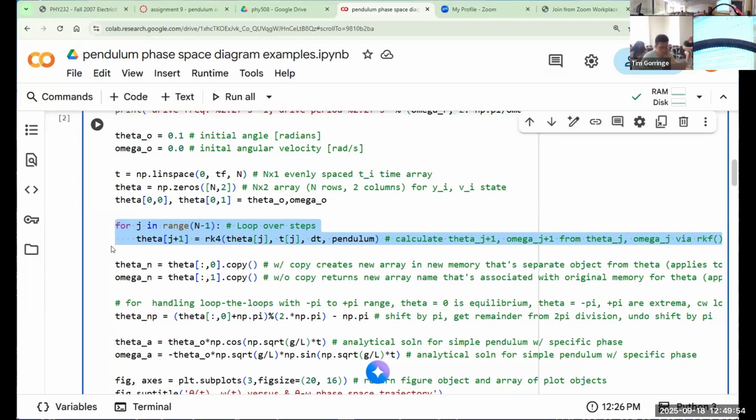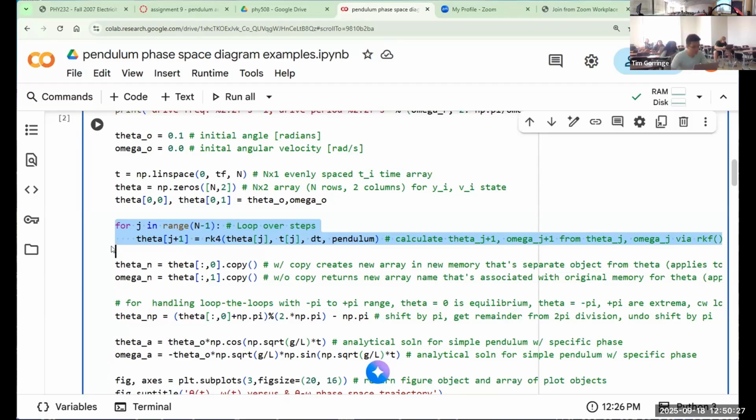Maybe I should make a remark about the indexing I'm putting on here, because I've got theta j plus 1. So j is an index for the tick. So it's the j-th tick and it's the j plus 1 tick. But there's something a little bit more subtle going on in the background here, because as I mentioned last time, I'm really passing this quantity here as a 2-element variable.